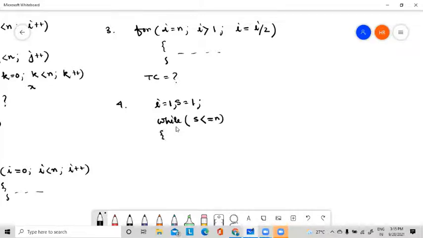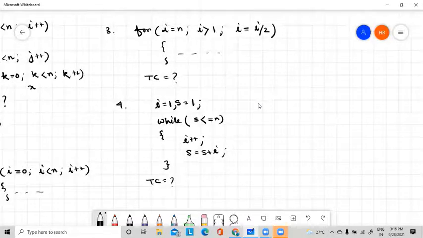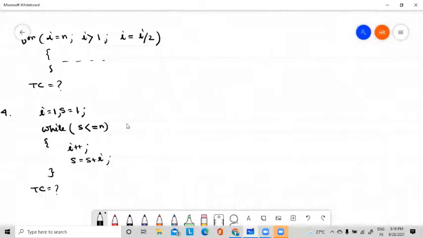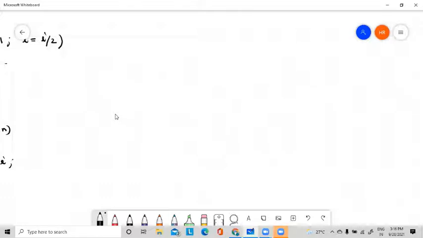Then I plus plus, inside the while say s equal to s plus I, and now you have to calculate the time complexity. Okay, please write down these problems. I will share the video within tomorrow.